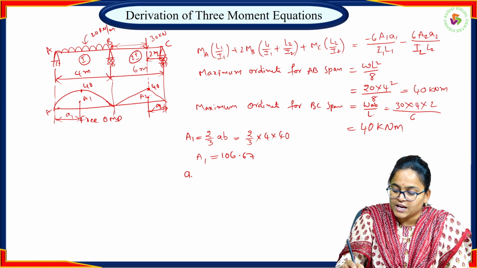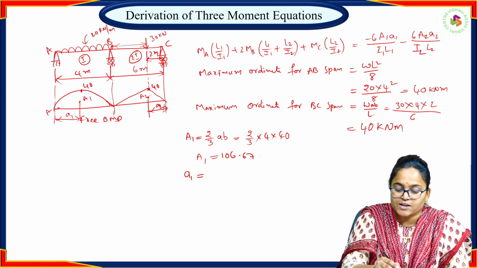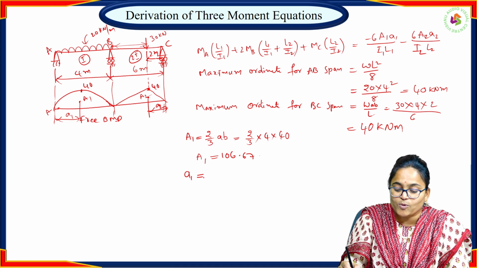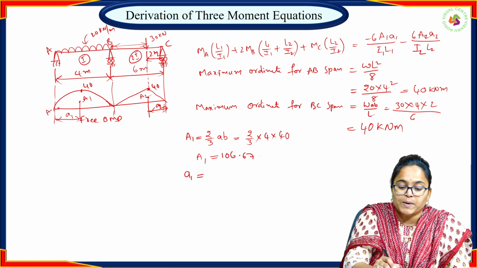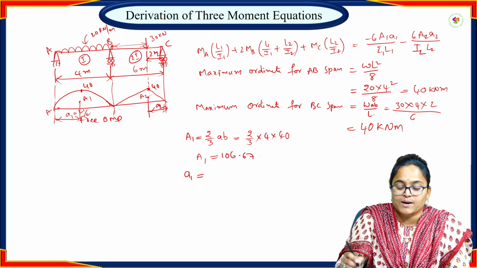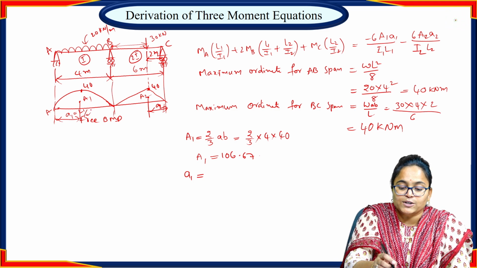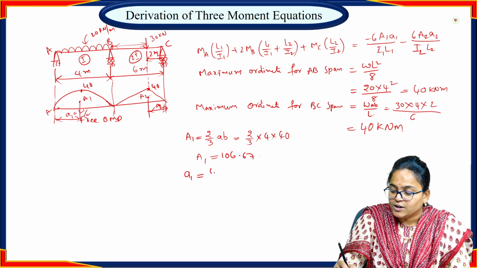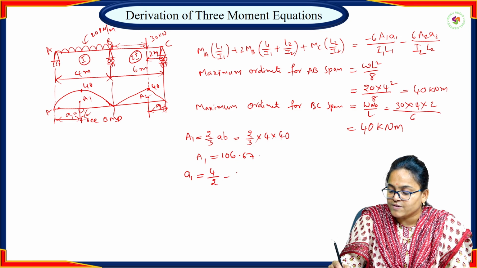So area A1 is equal to 106.67. Now we want the CG, that is small a1. For a symmetrical parabola, the CG is located at the midpoint, that is L1 by 2, span of AB by 2, that is 4 by 2 is equal to 2 meters. This is meter square.